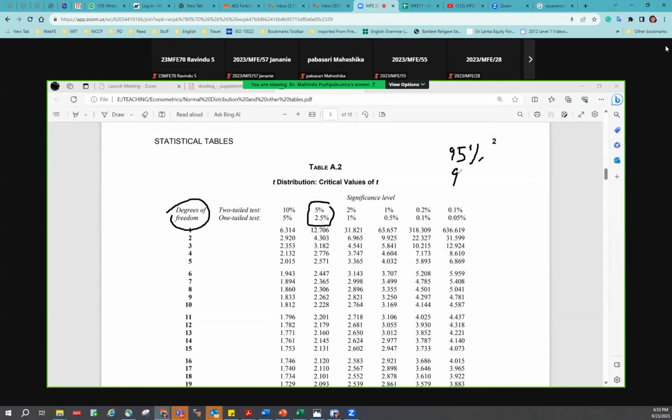If you want to construct 99%, what is the column you have to use? This one. If you want 90%, this one. Then for the 90% confidence interval, the p-value is this, 95% this, 99% this. This is the way to read the T table.